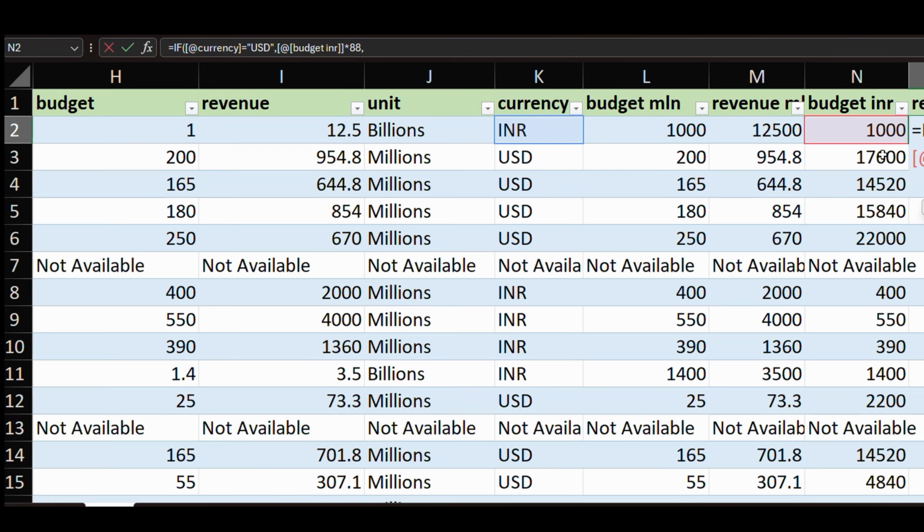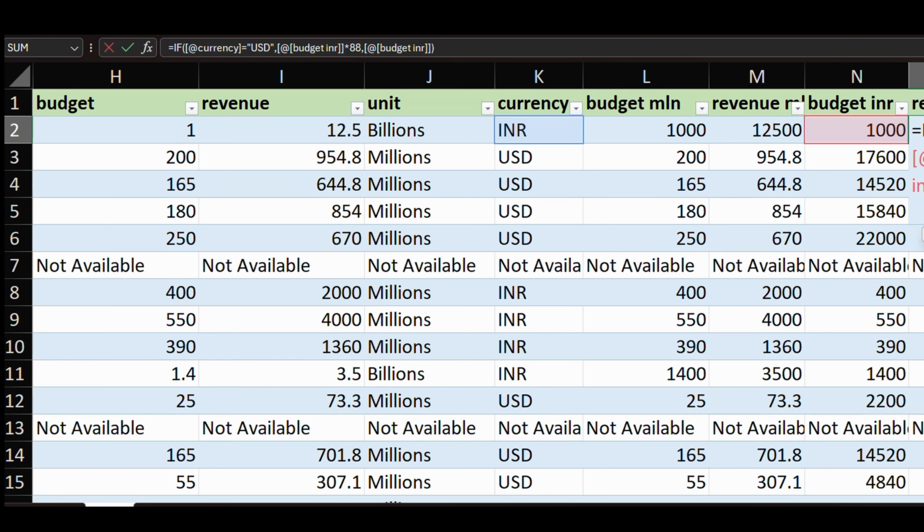Then if you are not getting the USD, just leave it in INR. So what I have to leave it, this one, close, got the value. Now, is it good? No, I guess, because I'm getting this one, right?